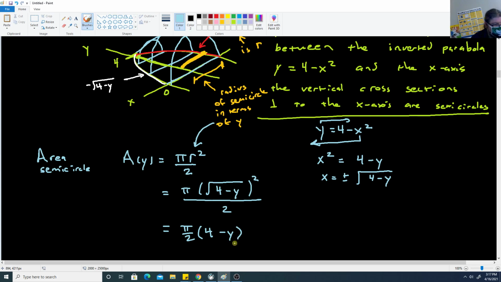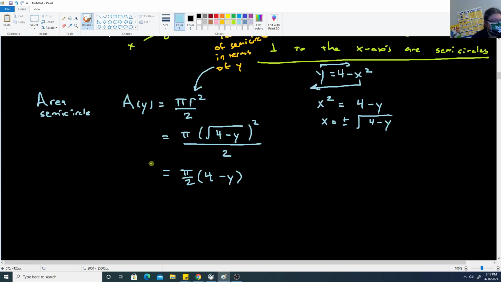That is our area equation. I'll distribute the pi over 2: 4 pi over 2 reduces down to 2 pi, and then minus pi over 2 y. This is our area function.